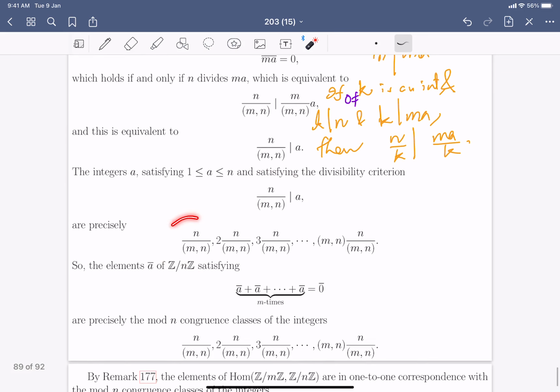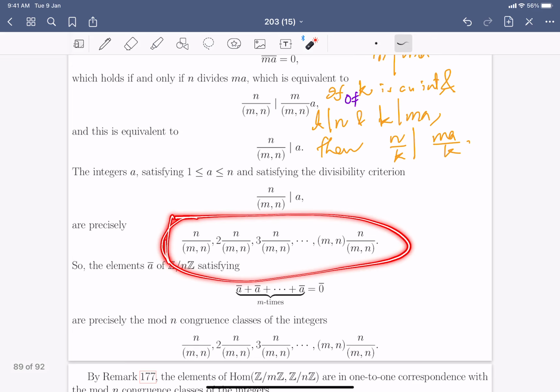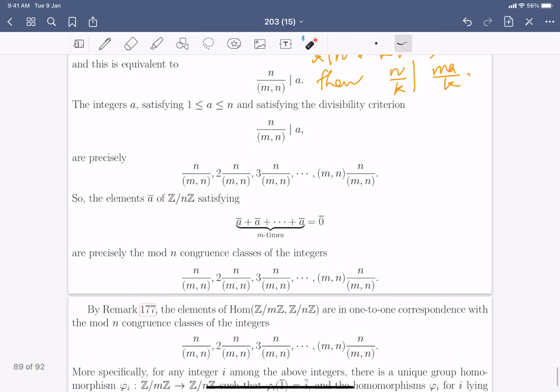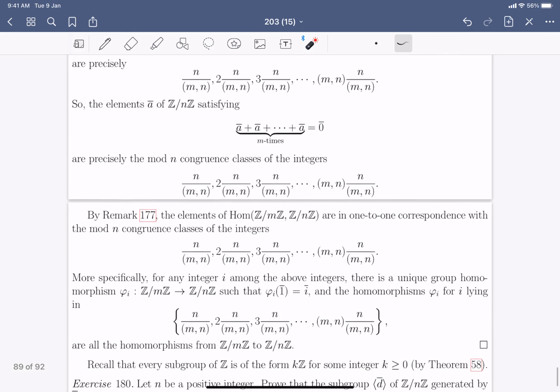So the integers a that you are looking for are exactly these. We have established that the elements a bar of Z mod nZ satisfying this equality are precisely the mod n congruence classes of these integers.